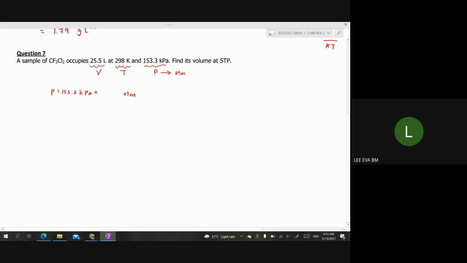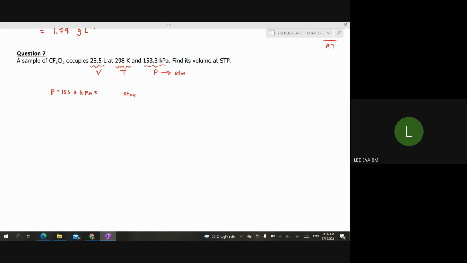Using 153.3, you divide by 101.325 because it's in kilopascal. You can refer back to the chart that Madam gave. What value do you get for ATM for 153.3 kilopascal? 1.513.